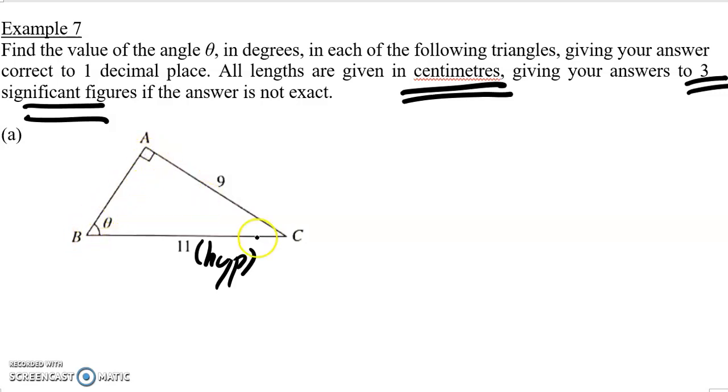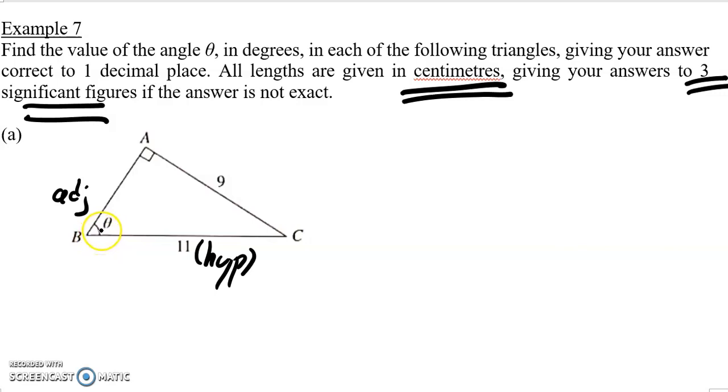and AC. Now, as you were taught previously, adjacent means beside. So, the adjacent side will be the AB side, since AB is the side that is beside the angle theta.